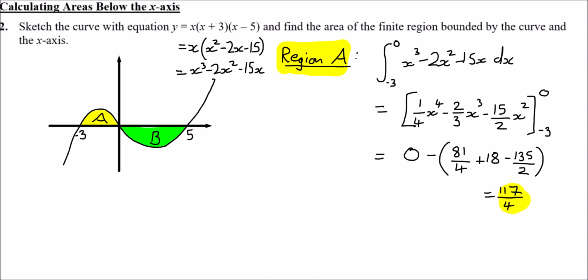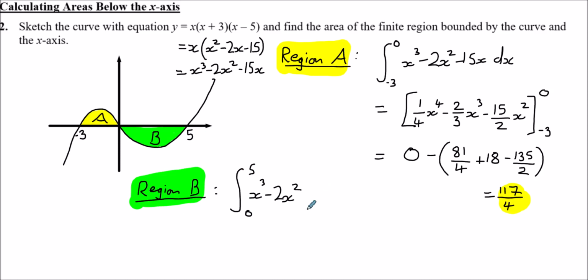Now we need to find region B. So for region B, for green area, what we need to do is integrate between the limits of 5 and 0. The same function.